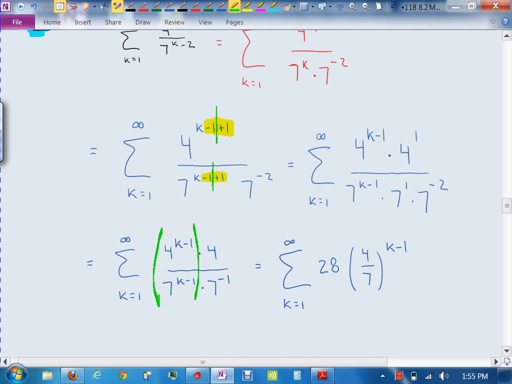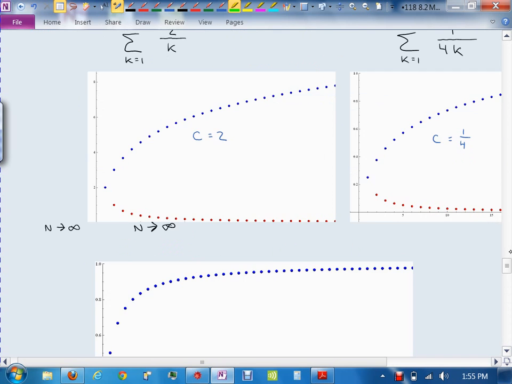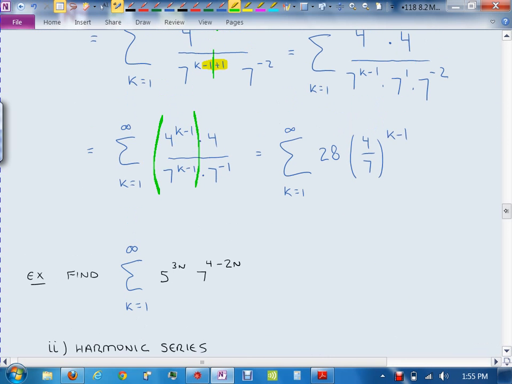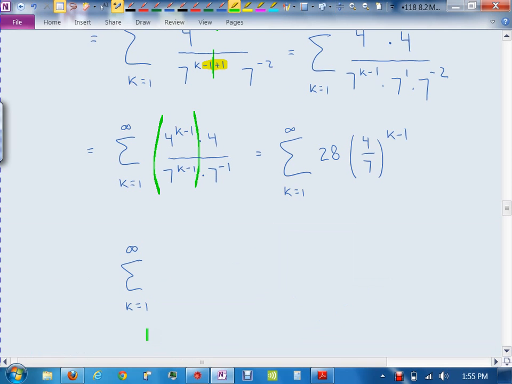All we're doing is massaging this thing into a geometric form, just so it can look like our formula. But there's a lot of little rules and properties of exponents we have to know. Now we know A and R.